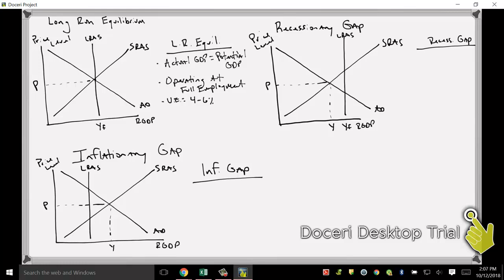And so the end result is that our economy has now shifted or moved away from operating at its potential. And so we would say now in a recessionary gap that our actual GDP is less than our potential GDP. Our actual is less than our potential when we are in a recession.